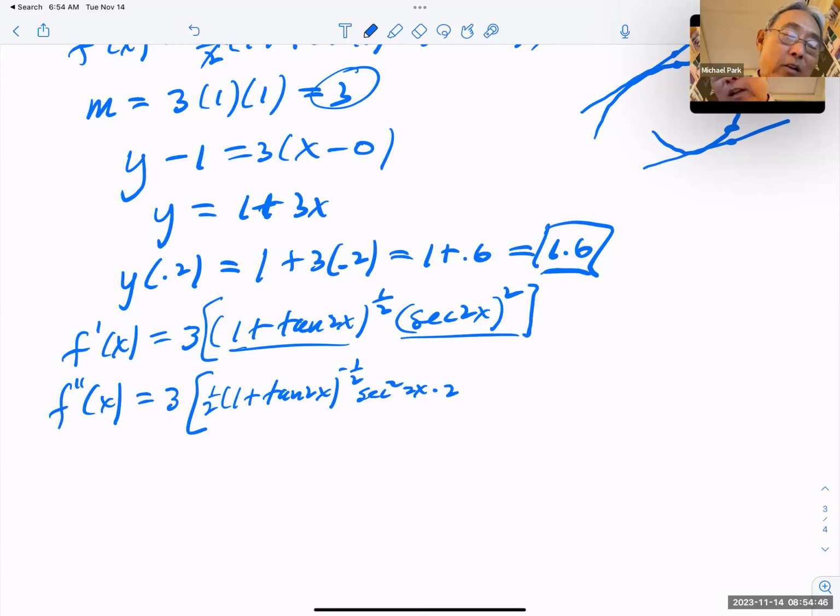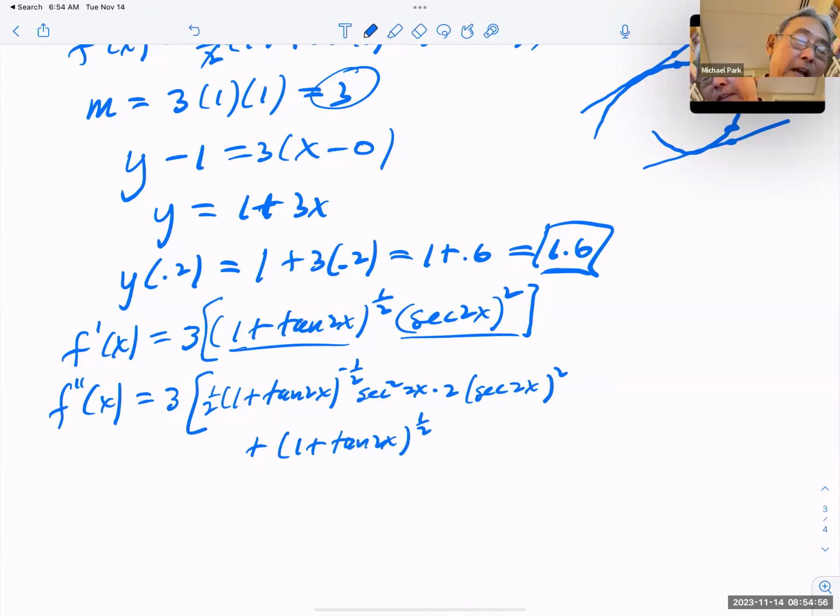Leave the second one alone, which is secant 2x squared, plus, then you leave the first one alone, (1 plus tangent 2x) to the half, times the derivative of the second, which would be 2 box to the first, times the derivative of the box. The derivative of secant box would be secant box, tangent box, times the derivative of box, which is 2.